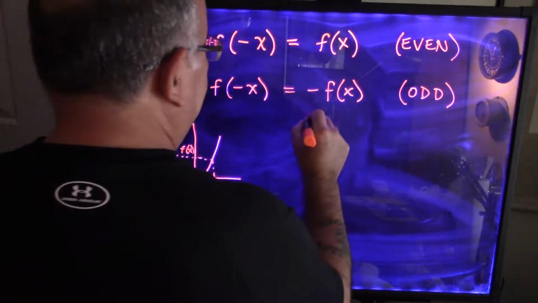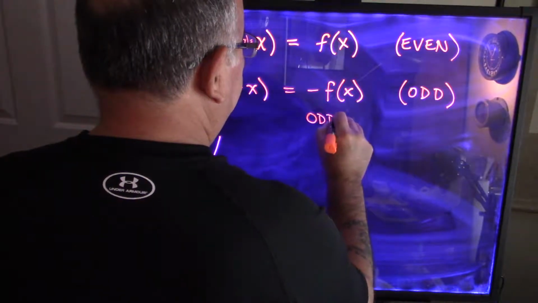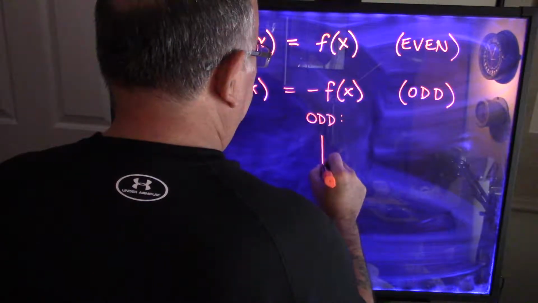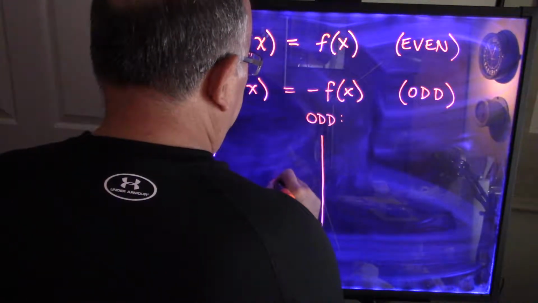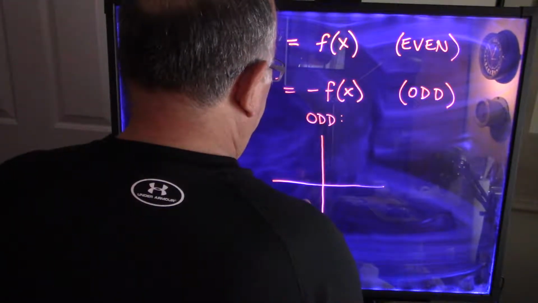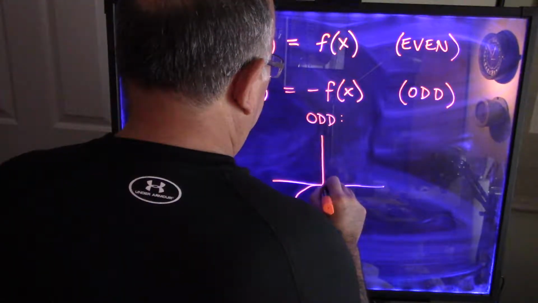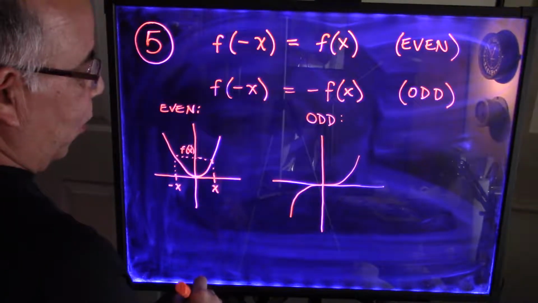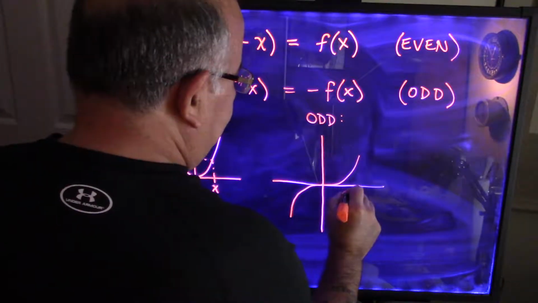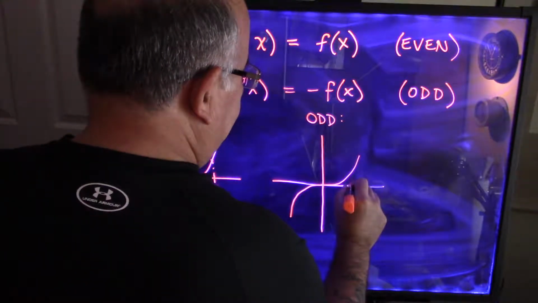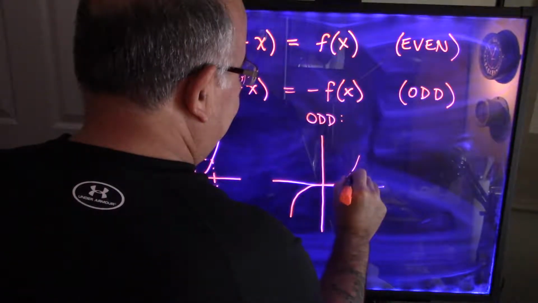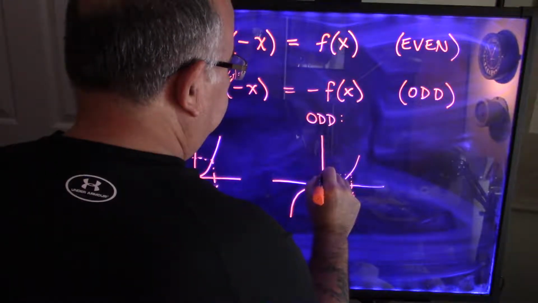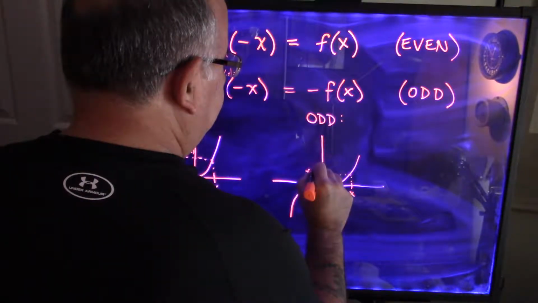Now if you have an odd function, a good example would be y equals x cubed. So here's x. There's f of x.